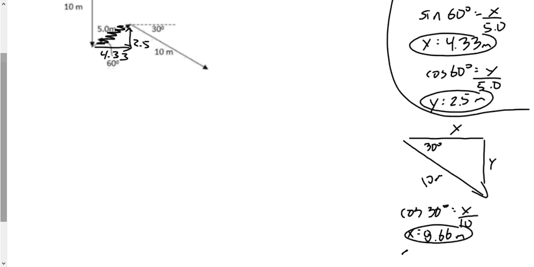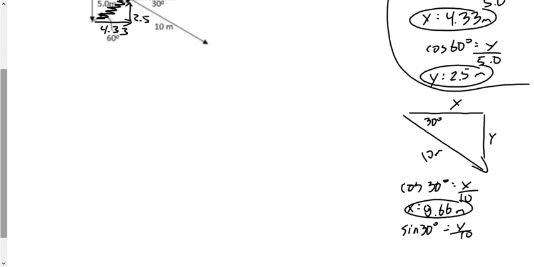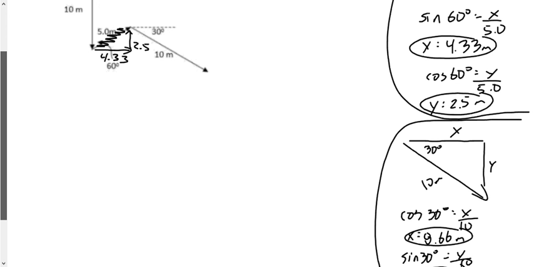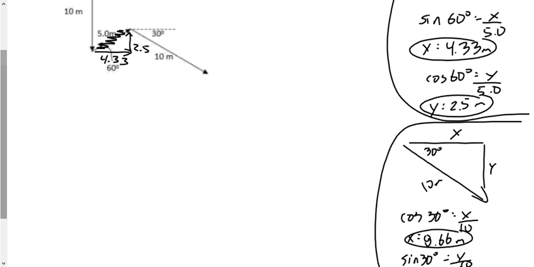And we're going to say sine 30 degrees is equal to opposite over hypotenuse. And the opposite side of the Y component ends up being equal to 5.0 meters. Let's box that one off as well. And if you want to, replace this with 8.66 and this one with 5.